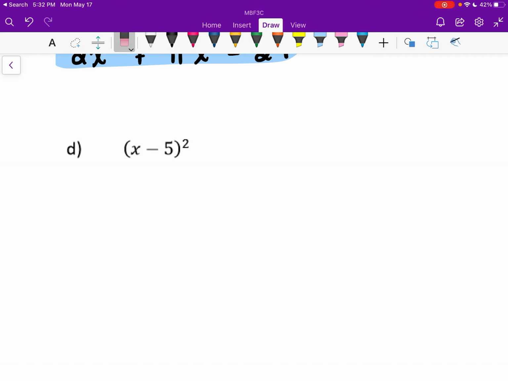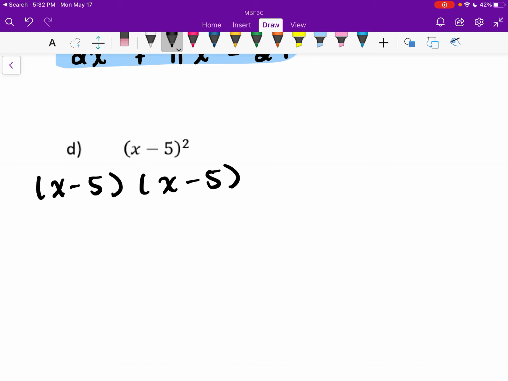For something like this, what you need to do is x minus 5, x minus 5. So you need to change it into a binomial. You can't just put the squared in. It needs to be expanded like this. Okay? So pause the video here, try to solve it yourself, and then we can come back and solve it together. I'll go through it with you, and then we'll move on.